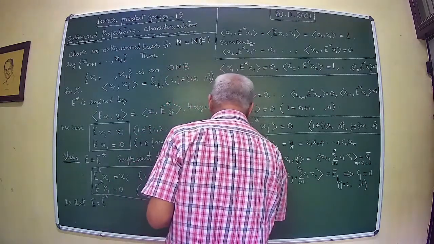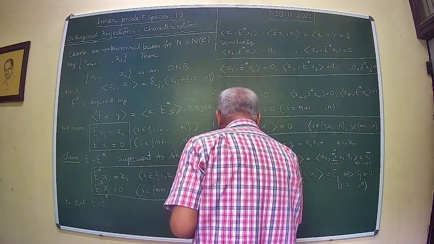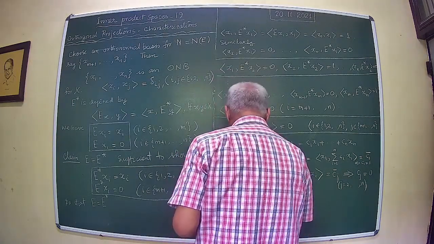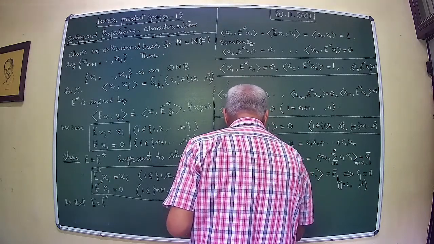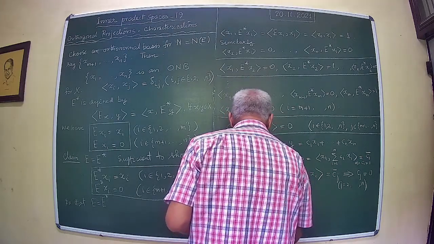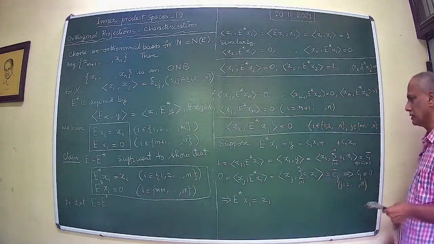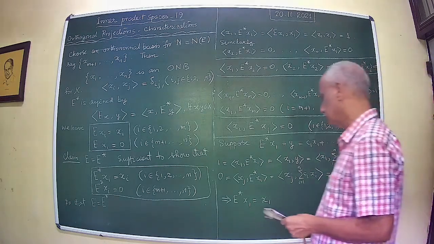That implies, therefore, that E star of x1 equal to x1, because E star of x1 equal to y, and y becomes x1.